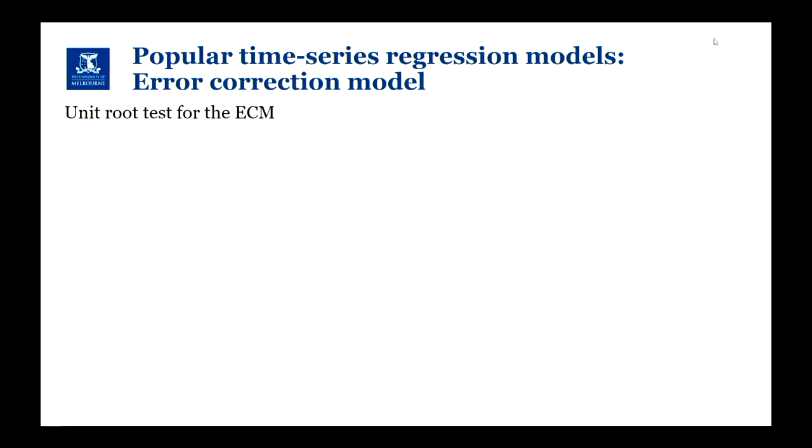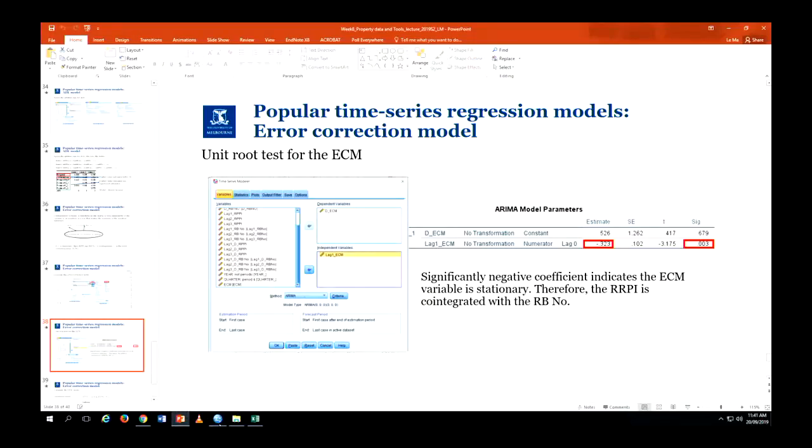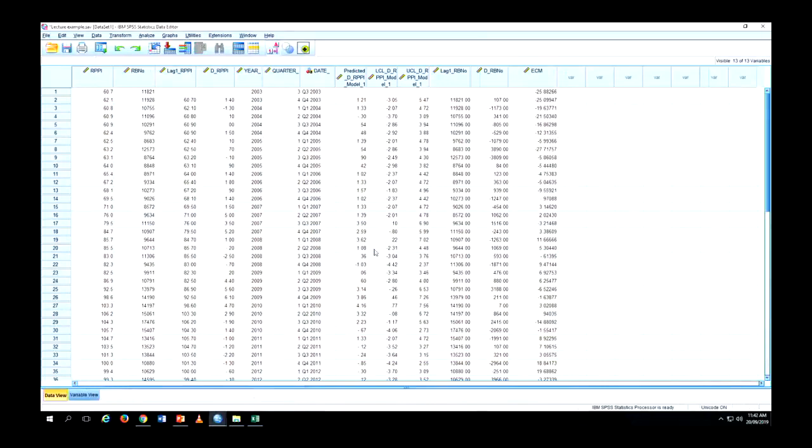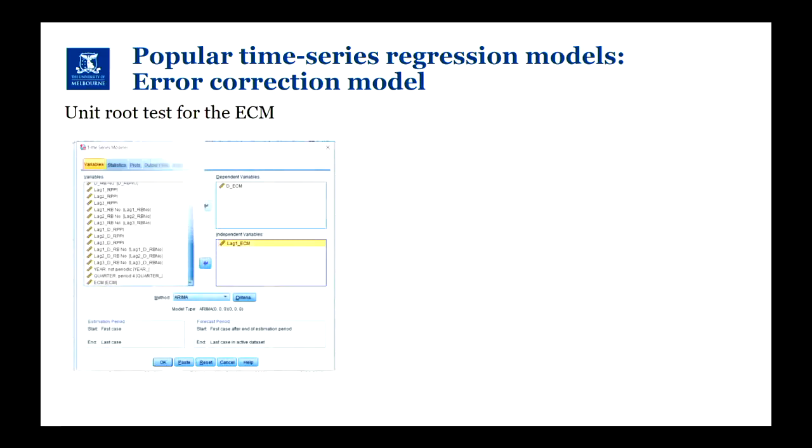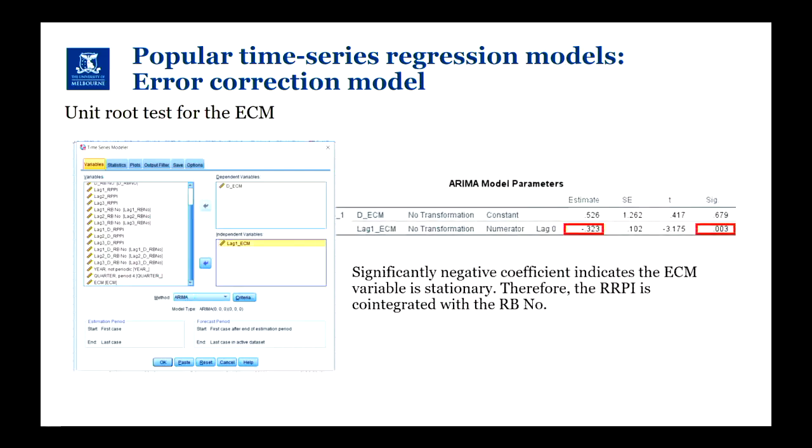Then we will run the unit root test, or the stationarity test, for the estimated error term, which we call the ECM here. We estimate the difference of the ECM on the lagged ECM and run the Dickey-Fuller test to see whether this series is stationary.